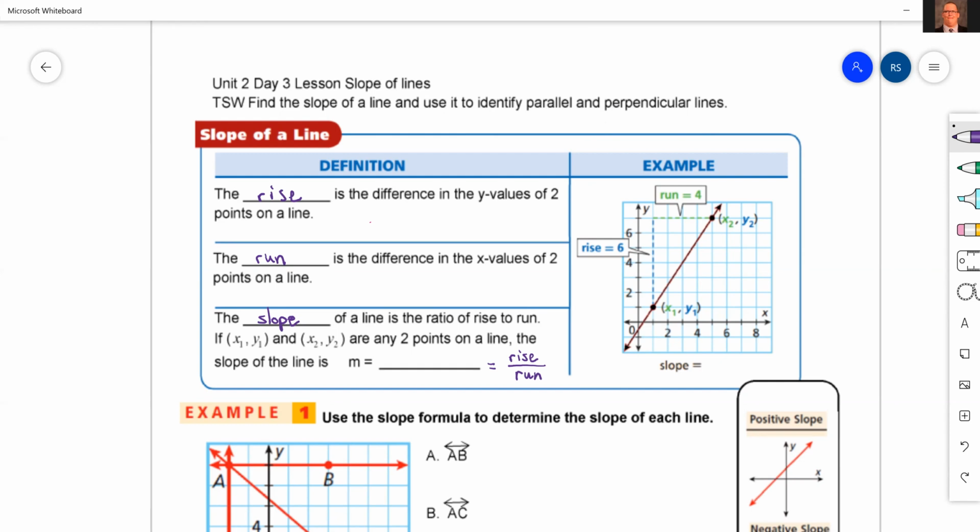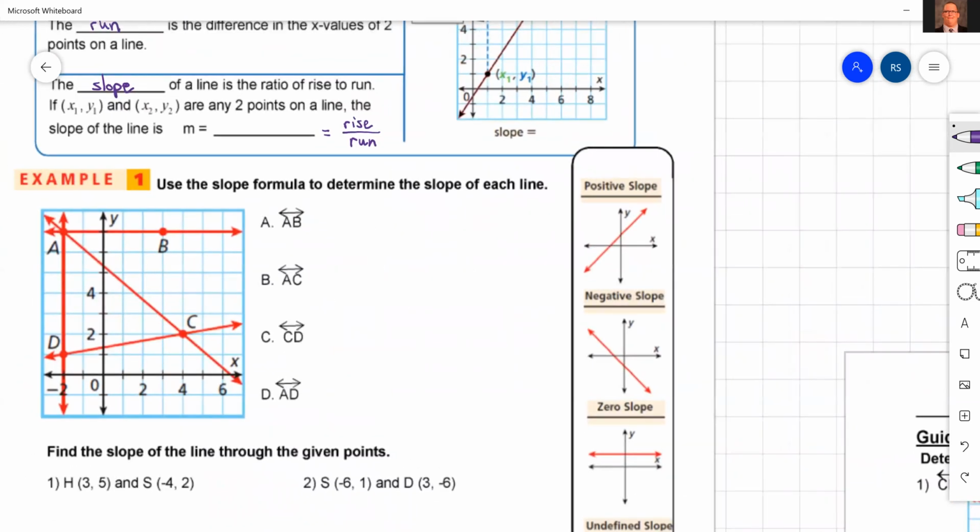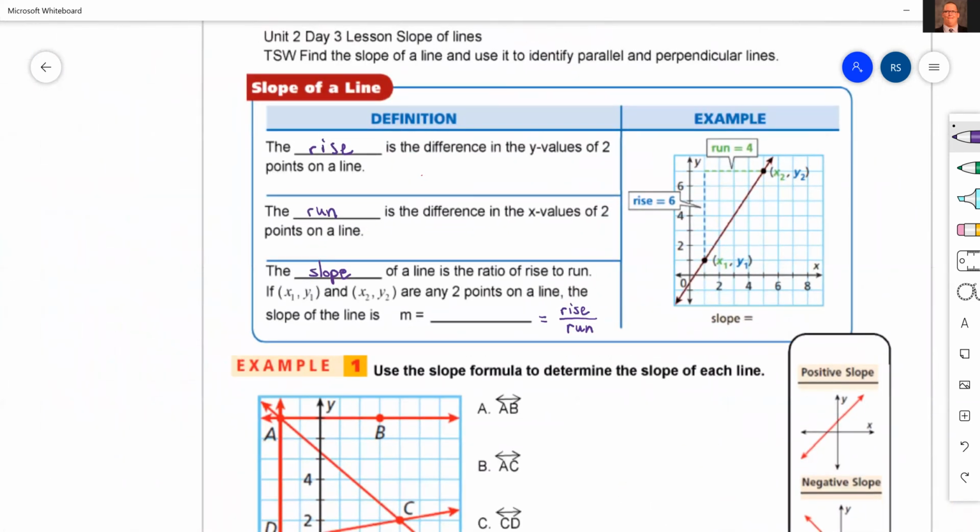If we get down to the nitty-gritty of it, though, it's really your difference in y values, y2 minus y1, divided by your difference in x values, x2 minus x1. That's really what slope is.